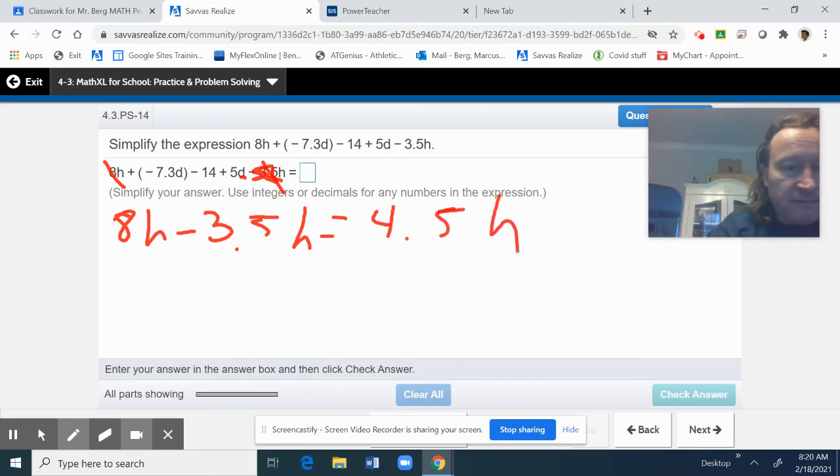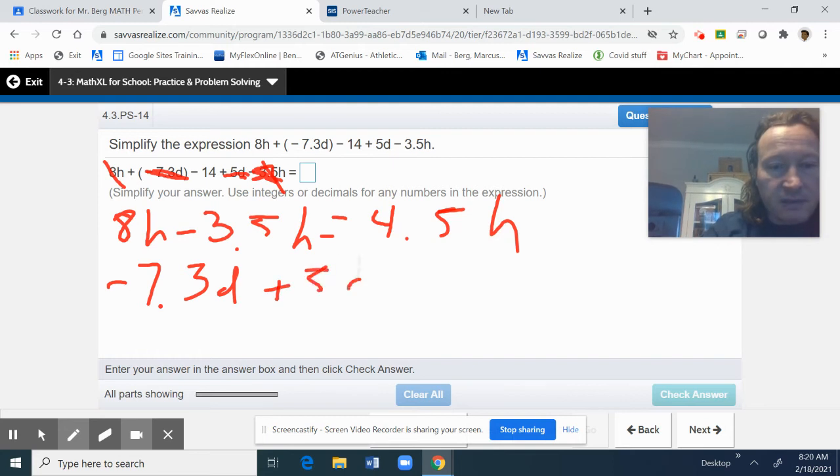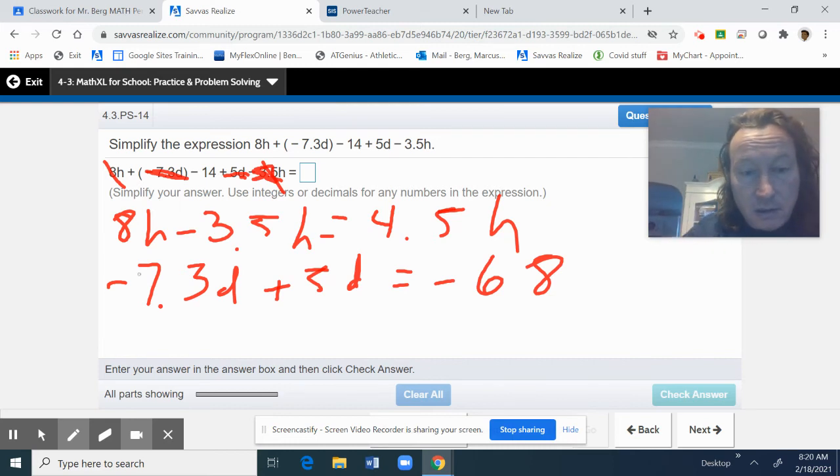And then I got a negative 7.3D. I need another D, and the other D is the plus 5D. So that's like negative 73 plus 5 would be negative 68. But then, wait, I have to figure out where. Oh, plus 50. Sorry, I did that wrong.